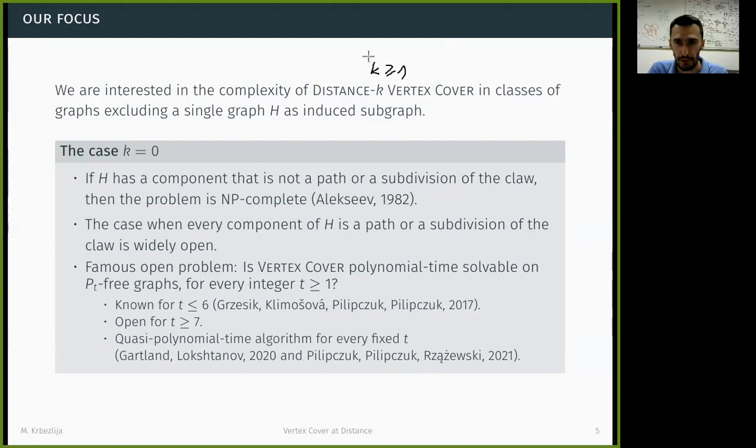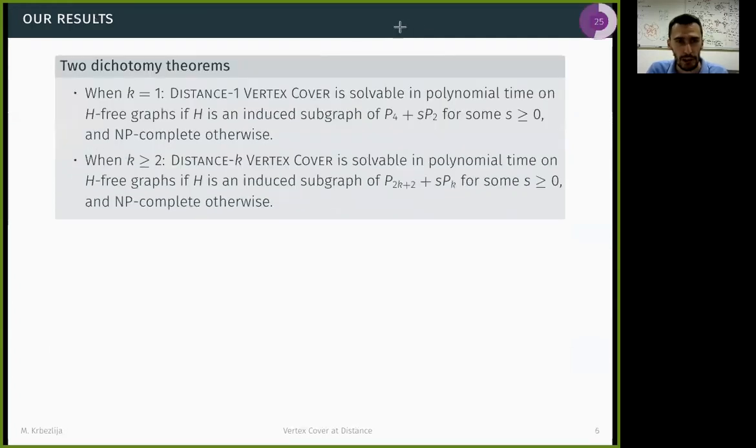And for those k that are bigger than or equal to 1 and H, we show the dichotomies of the problem. That is, we show that when k equals 1, the distance one vertex cover is solvable in polynomial time on H-free graphs if H is an induced subgraph of P4 plus sP2 and NP-complete otherwise.